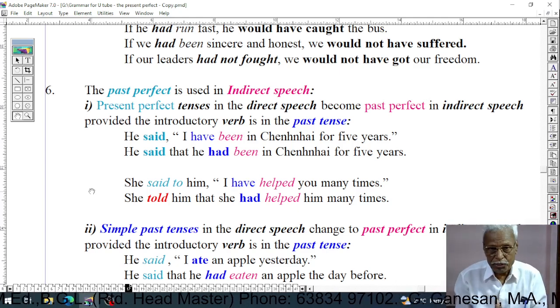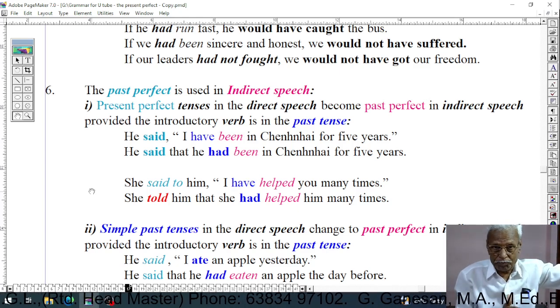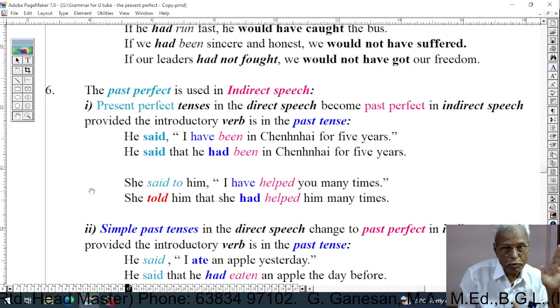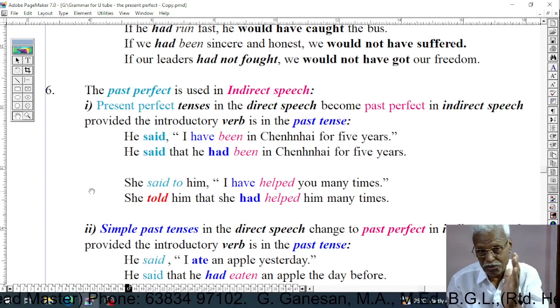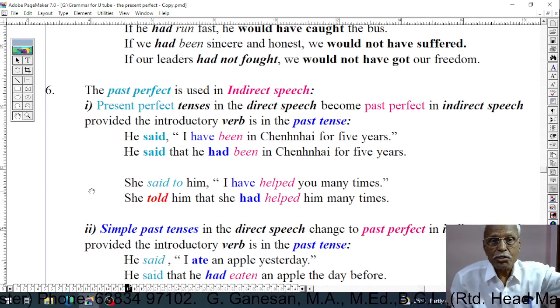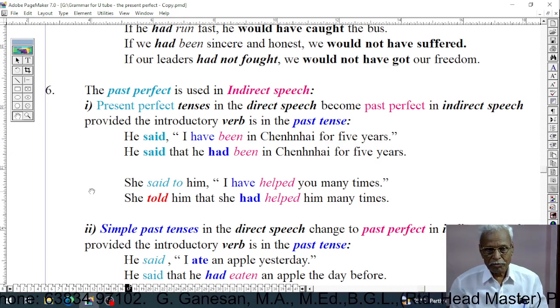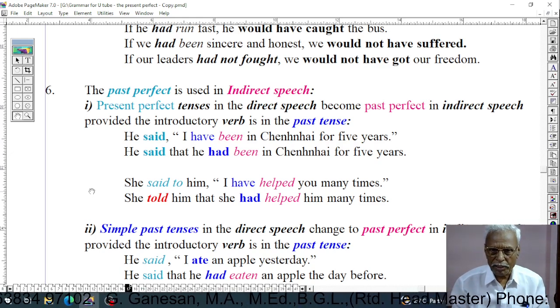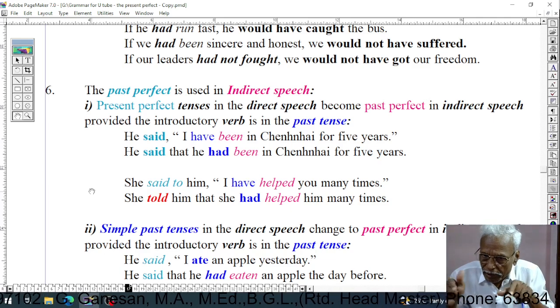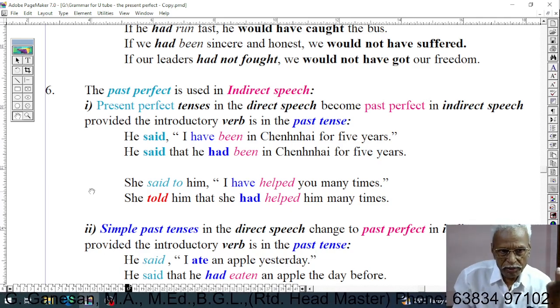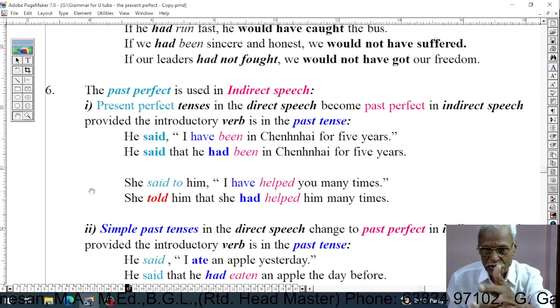But in both cases, the introductory verb, the verb that expresses the action, should be in the past. Present perfect tense in direct speech becomes past perfect in indirect speech, provided the introductory verb is in the past tense.